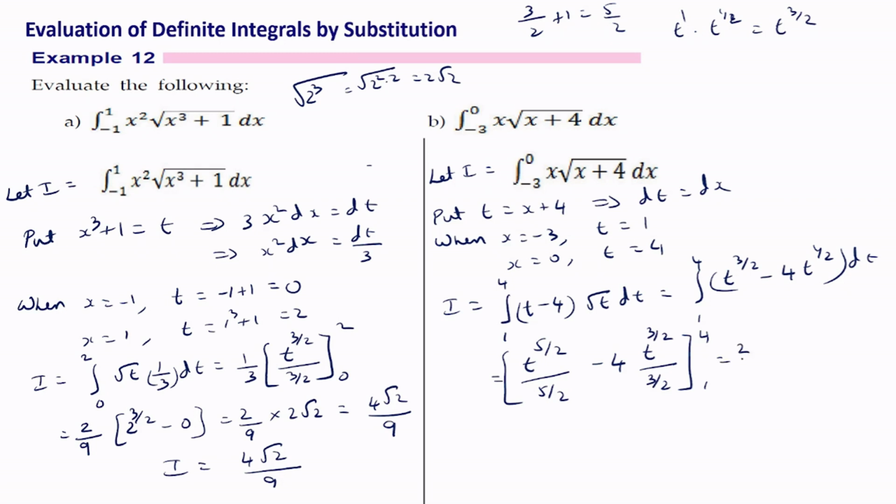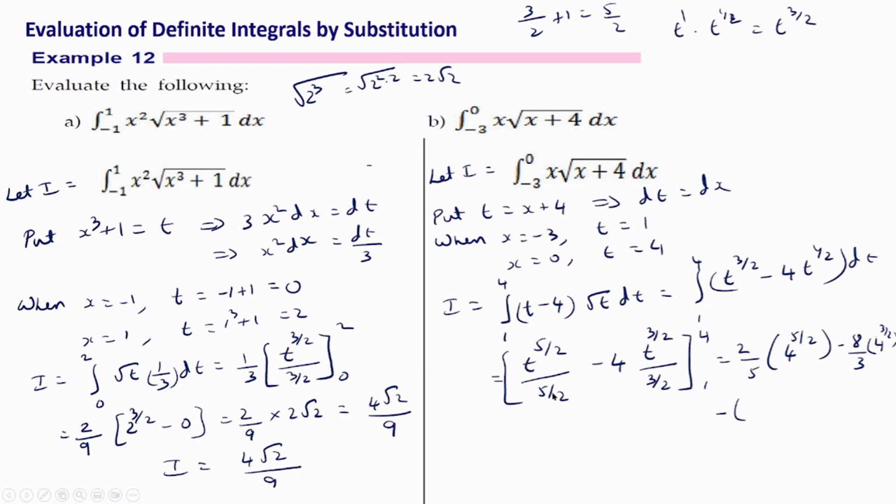So this is equal to 2 by 5 into 4 raised to 5 by 2, minus 4 into 2 by 3, so 8 by 3 into 4 raised to 3 by 2. Then minus, here we have the lower limit.